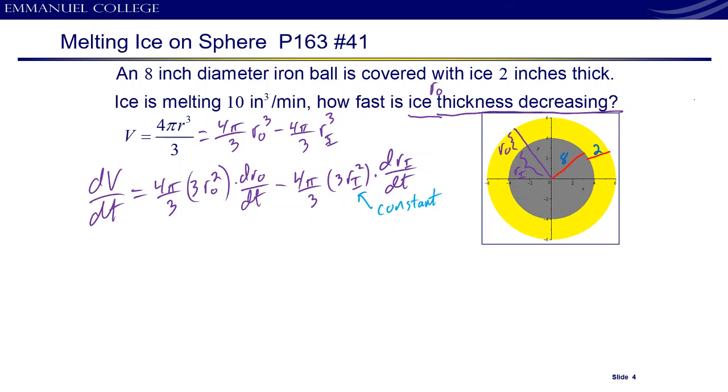So if it's not changing, this rate of change is 0. So in this case, we still only had to look at the outer radius. Even if we had left it as 4 thirds pi r cubed, we would still be needing to look at this 2 inches of thickness in the actual radius.